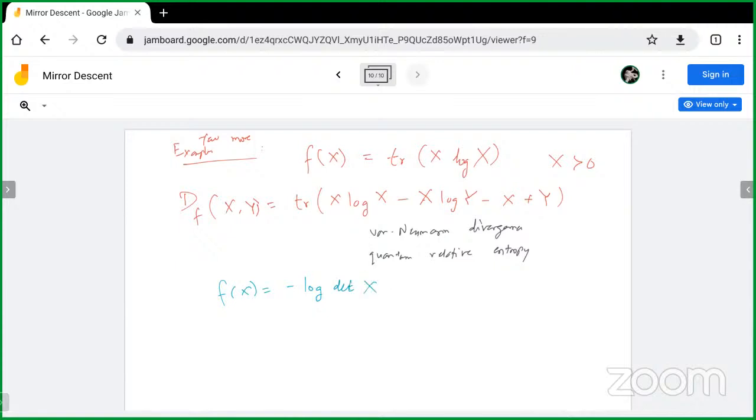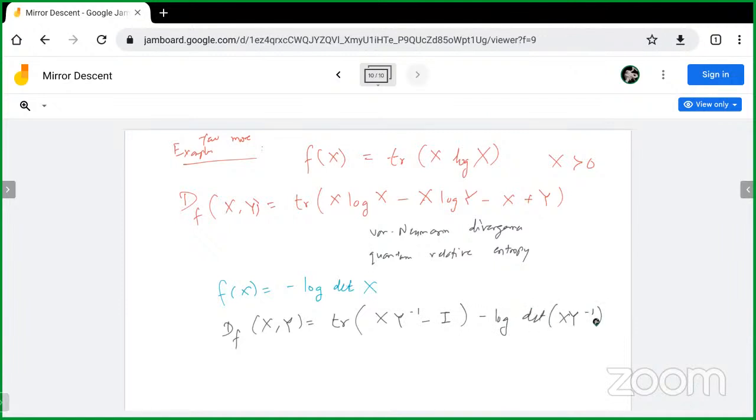Then you end up with trace of x y inverse minus identity minus log determinant.